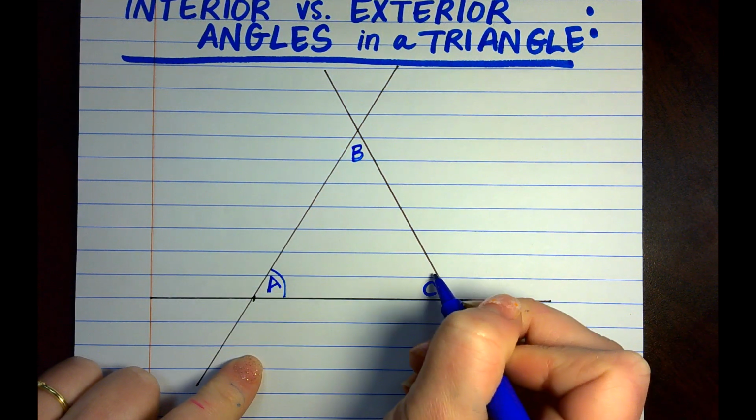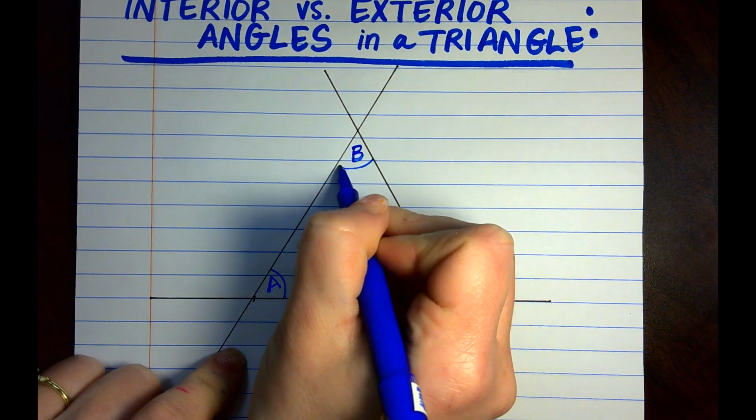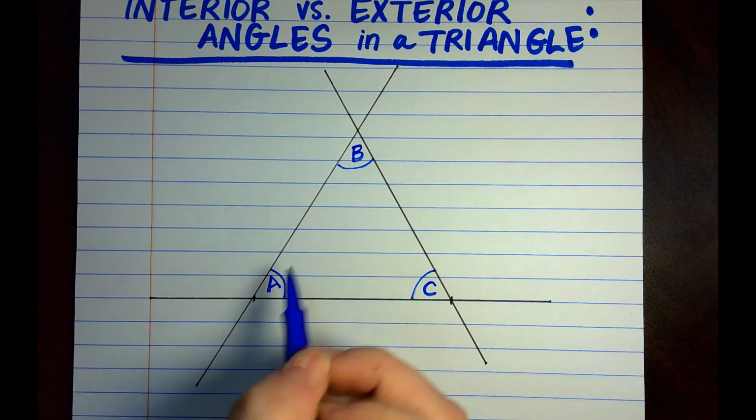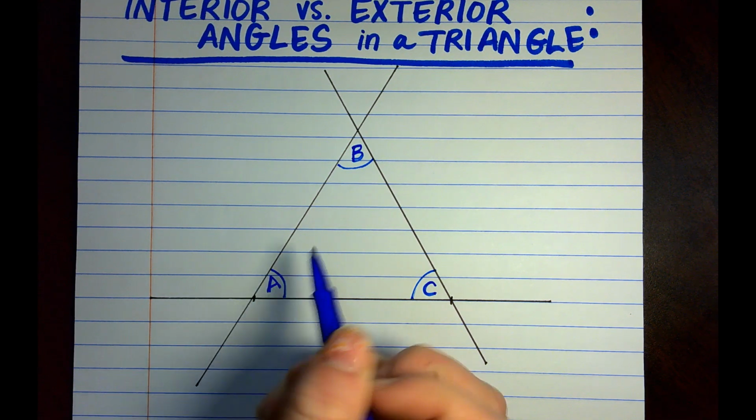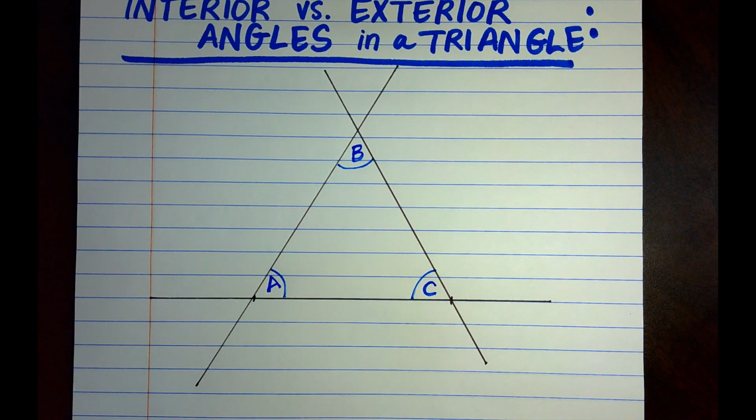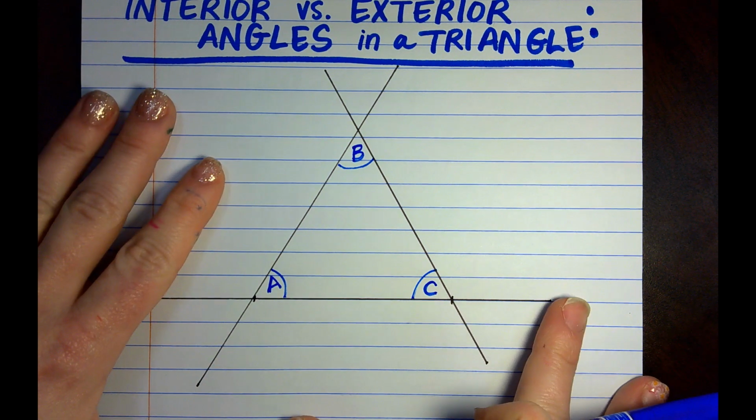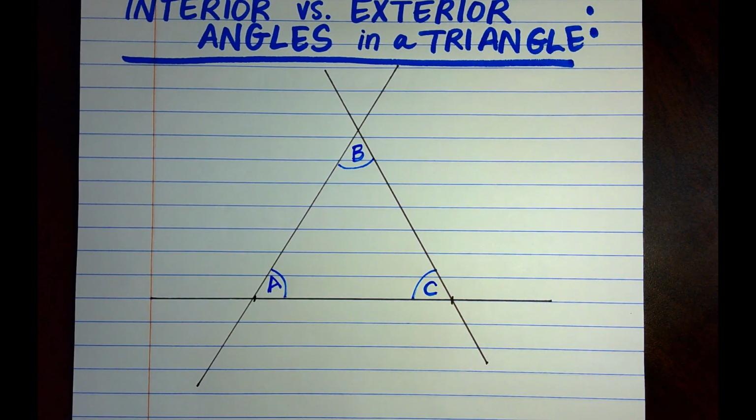These don't necessarily have to be equal to each other. I'm just going to draw these little arcs to kind of separate them. So A, B, and C are my interior angles.